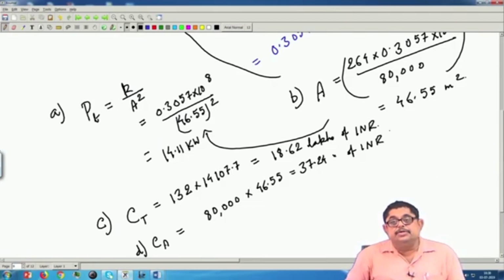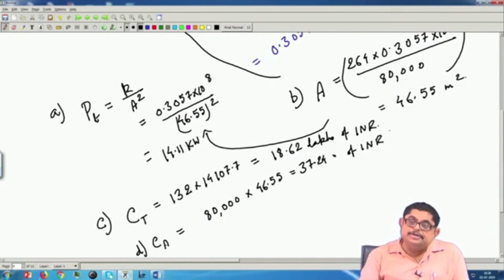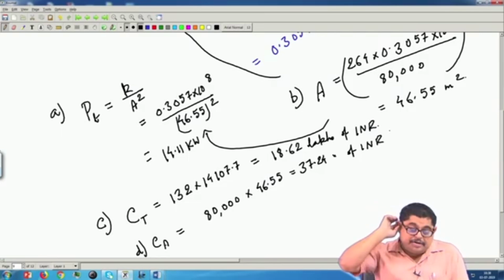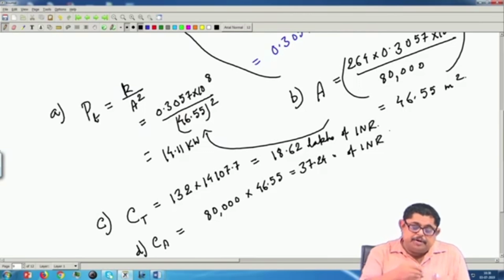Now, this is an interesting thing. Please see, it is not so obvious that an antenna costs 37 lakhs. The transmitter, we think it is a high value, a high power thing, having 14 kilowatt power, but actually antenna technology is much more sophisticated, that is why its cost is more.